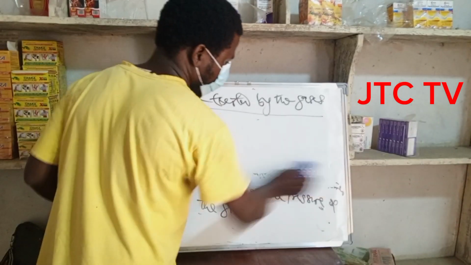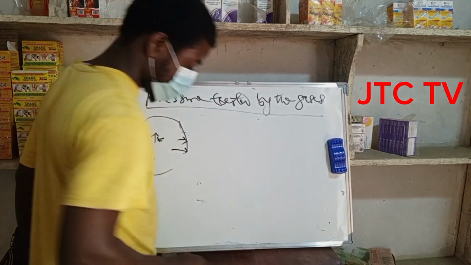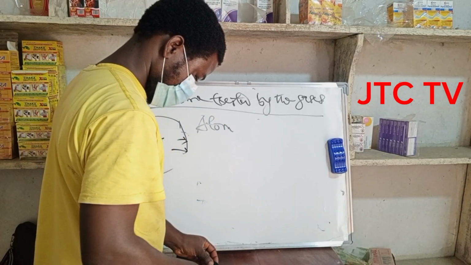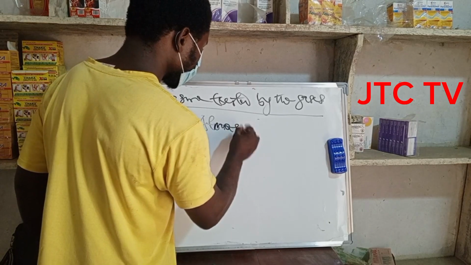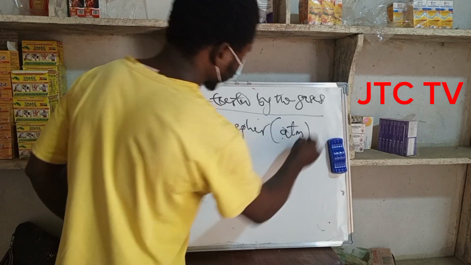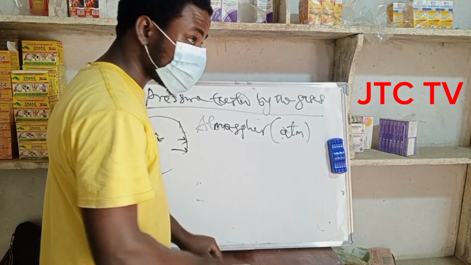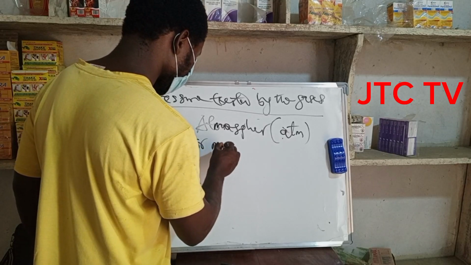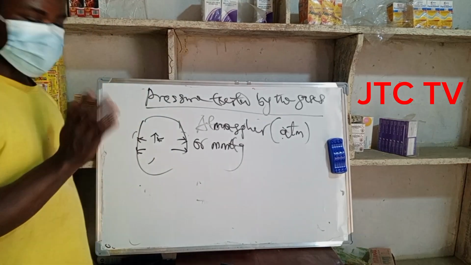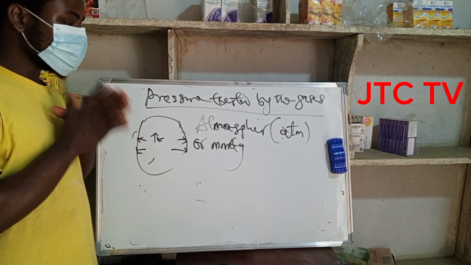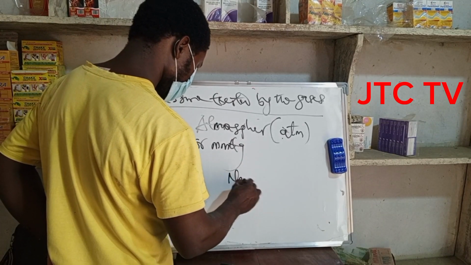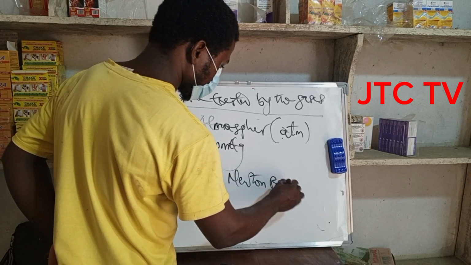The pressure of a gas is measured in atmosphere, which is abbreviated as ATM, or millimeter mercury. But the standard unit of measuring the pressure of a gas is Newton per meter square.